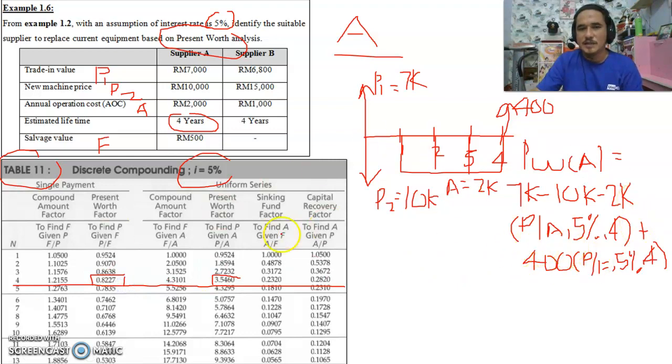You just insert the factor 3.546 for P given A and 0.8227 for P given F. So the answer is 80.65.